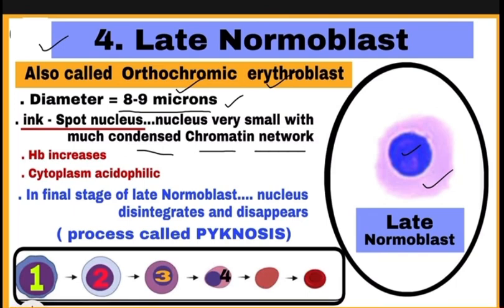The quantity of hemoglobin increases and cytoplasm is now acidophilic. And in the final stage of late normoblast, nucleus disintegrates and it disappears by the process called as pycnosis. So this nucleus disappears in the final stage of late normoblast.